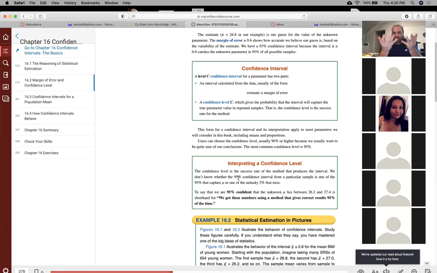If the population has a very big spread, then your confidence interval will have a fairly large spread. If the population has a very small spread, the confidence interval will have a very small spread. These are the three things that play a role in the margin of error. It's the plus or minus part: your estimate plus or minus the margin of error.